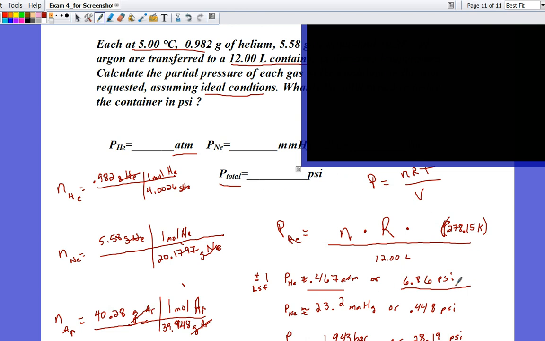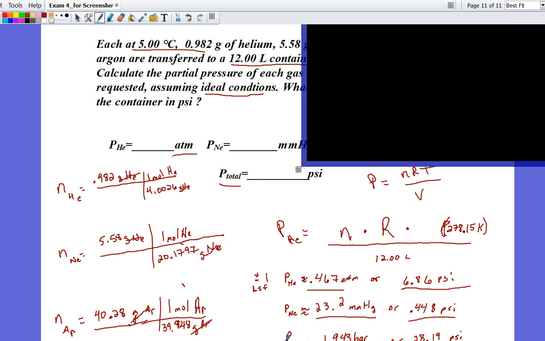So I went ahead and just calculated it to save myself time. And then here I got the answer in millimeters of mercury for neon, because that's what it asked for. And then I went right ahead and converted that to psi using 760 millimeters of mercury equivalent to 14.70 psi.